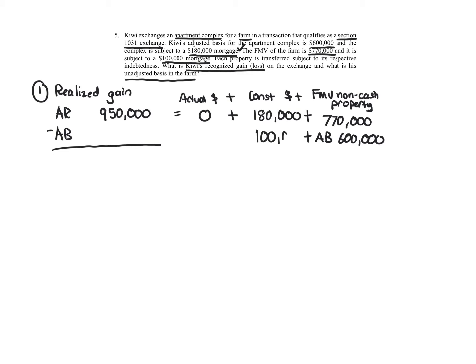That's $100,000 there. We add in, and there's no actual cash being paid. So Kiwi's adjusted basis of the property given up is $700,000. Kiwi's realized gain or loss is $250,000. Okay, so we've calculated the realized gain or loss is $250,000.